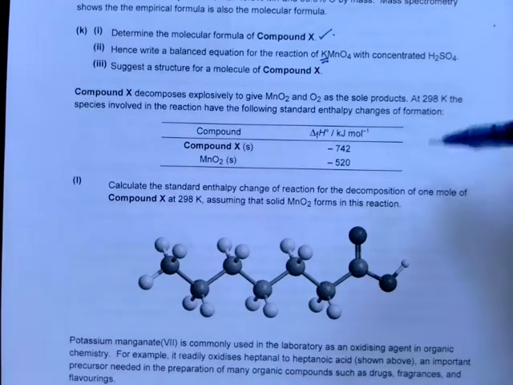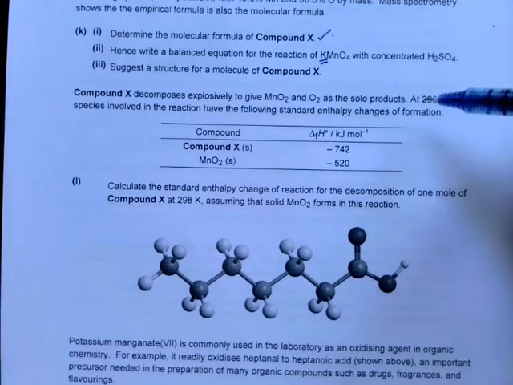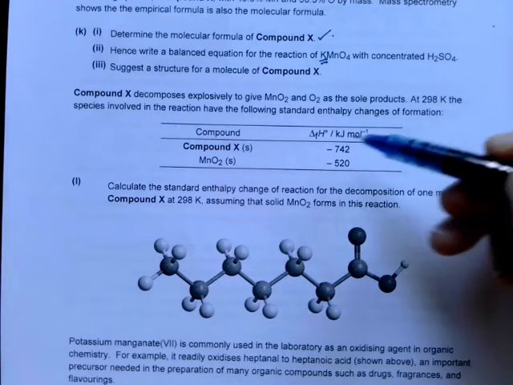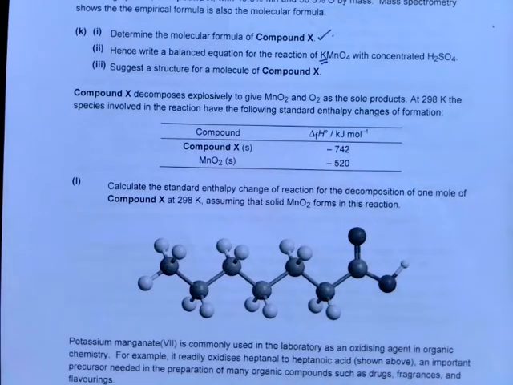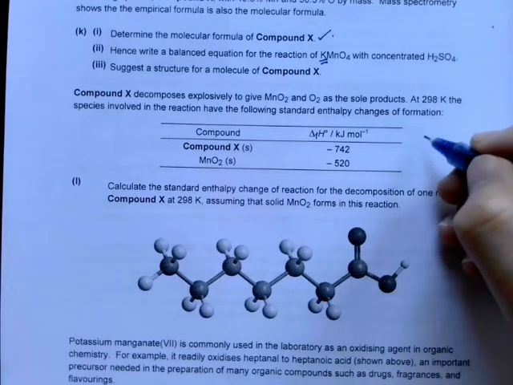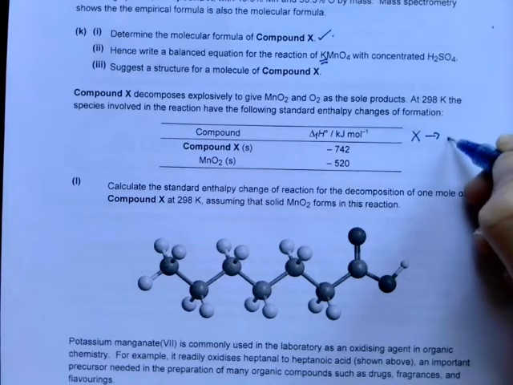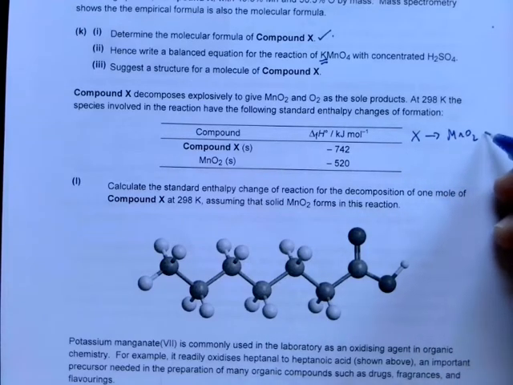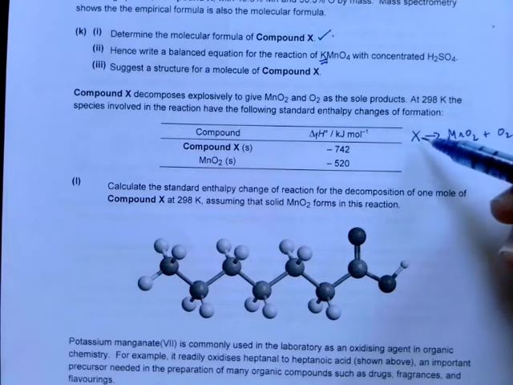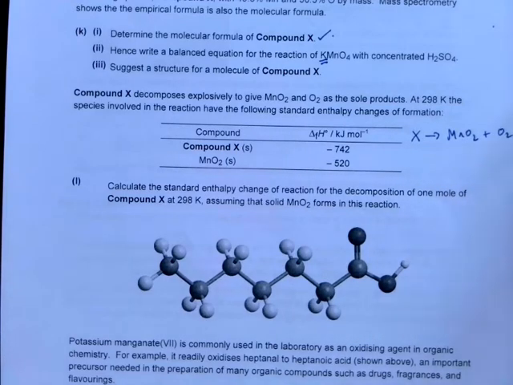Compound X decomposes explosively to give MnO2 and O2 as the sole products. So again, we've got delta FH. So we've got X gives us MnO2 plus O2. Now, obviously, depending on what X is, you need to balance this equation.